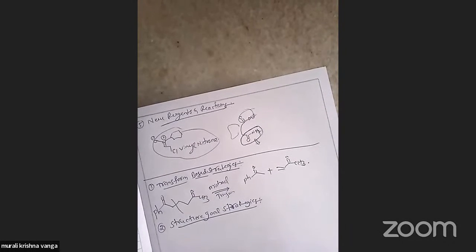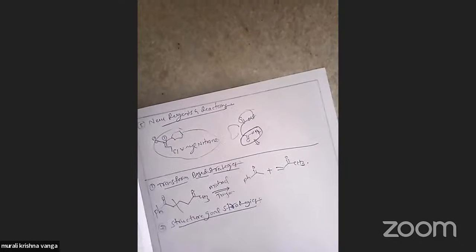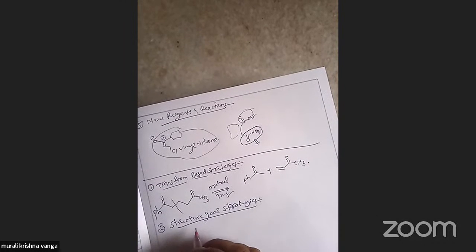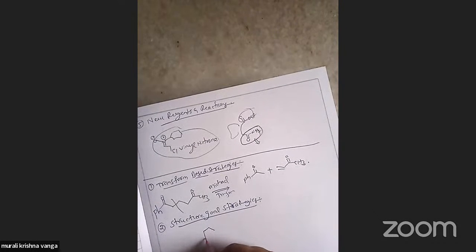Second one is structural goal strategies. These strategies depend on the identification of potential starting materials, building blocks, and retrosynthetic subunits. As an example of structural goal strategies, I'm taking a bulky, complicated structure.